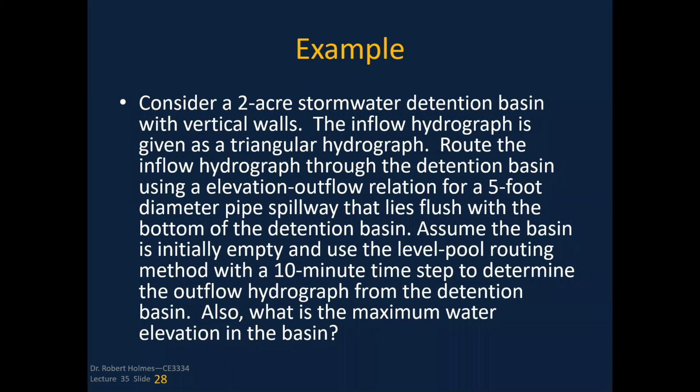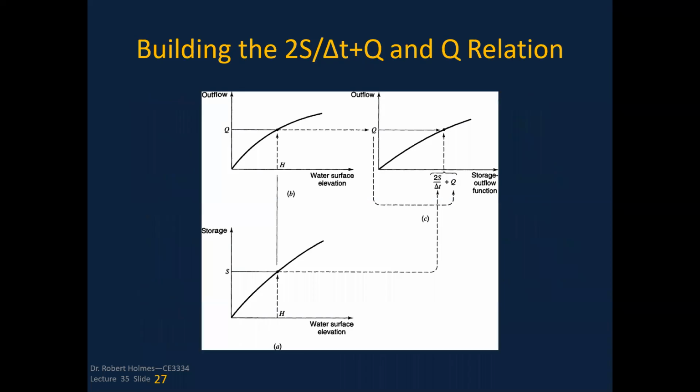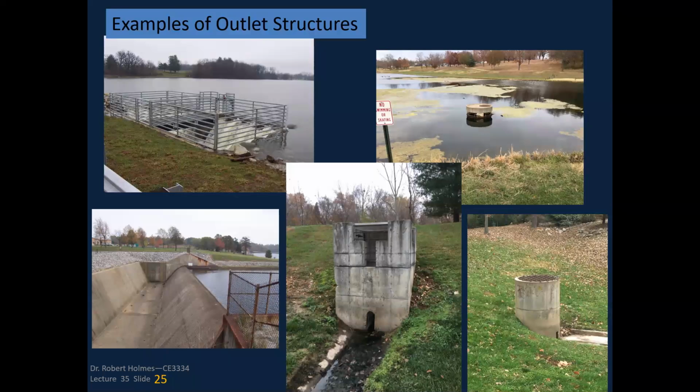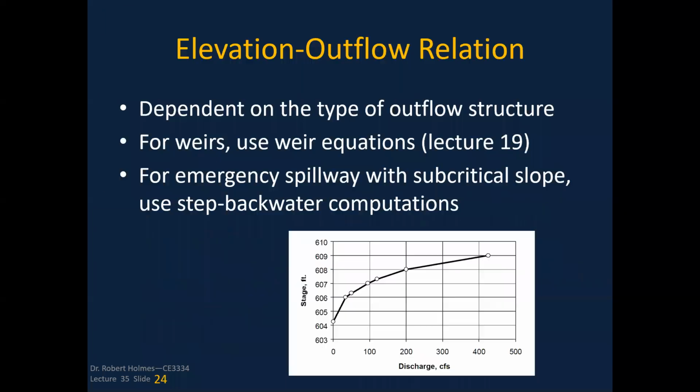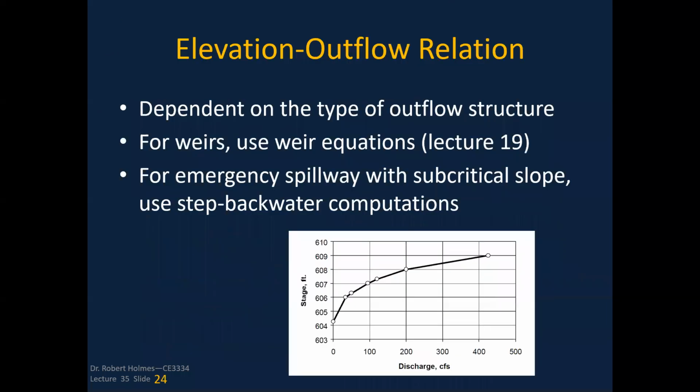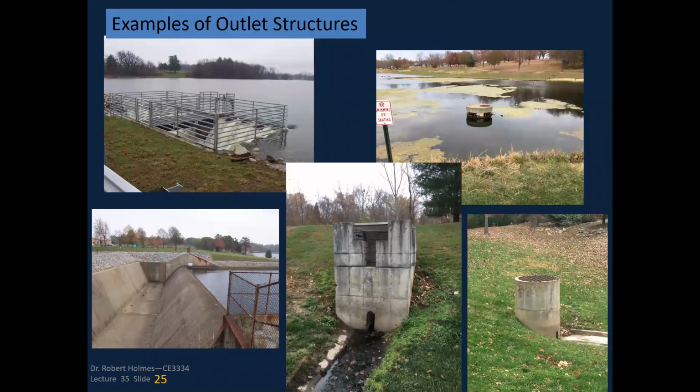Yes. Okay, perfect. So what we did on Friday was look at what we call level pool routing methods. The idea is to have an inflow into a reservoir and predict the outflow.